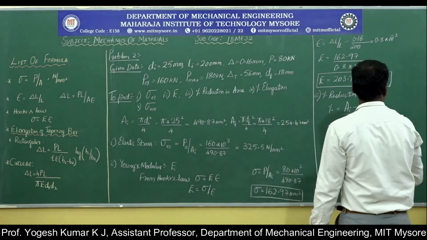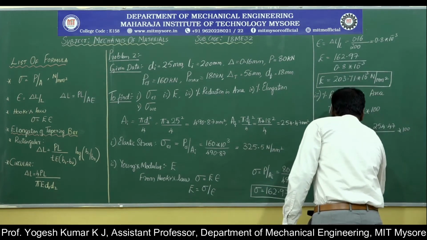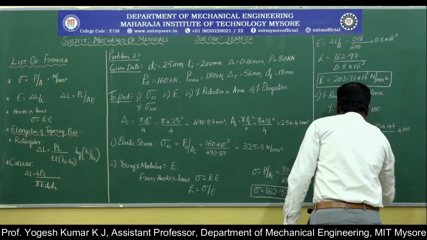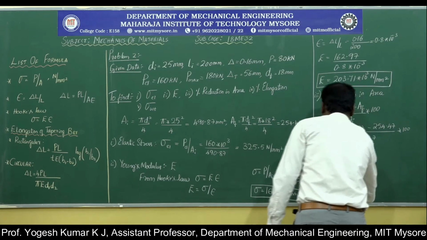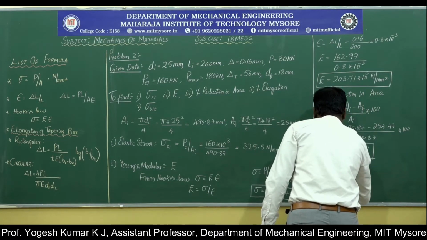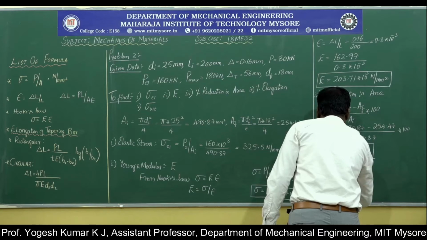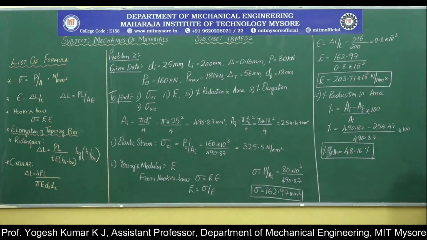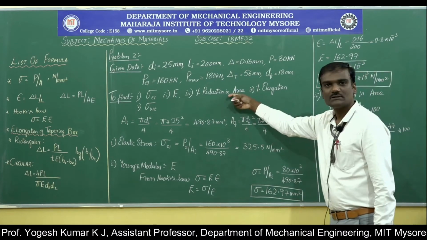So, the percentage reduction in area we get as 48.16. Percentage reduction in area is obtained as 48.16. So, we have found the third unknown.